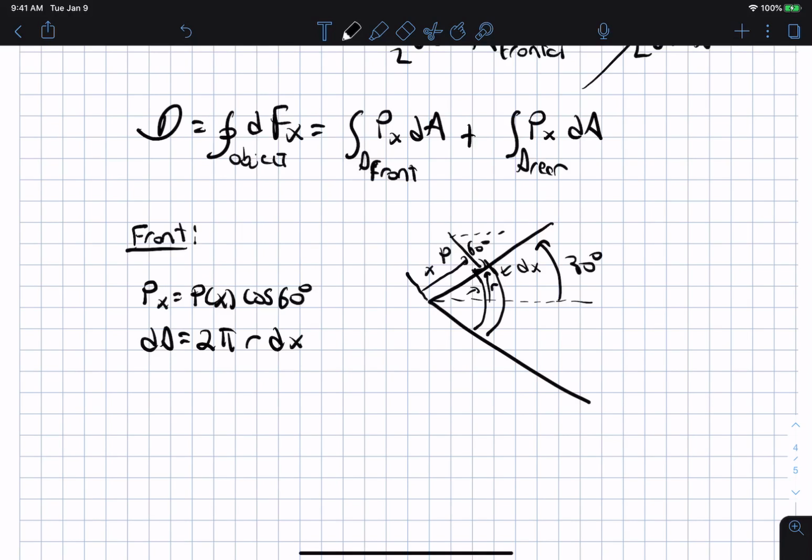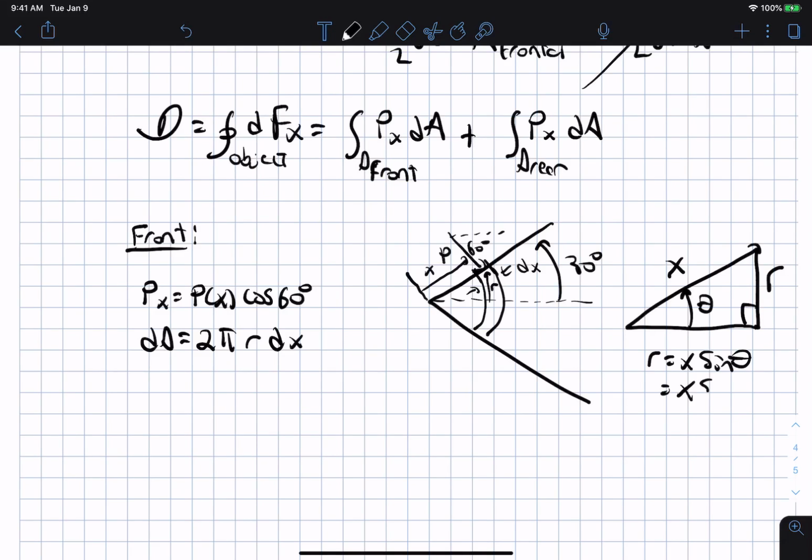Okay, so I'll draw a similar triangle over here on the right. And so we have x would be this length here. This is our angle theta, and this is our height r. Okay, and so r, just based on the triangle, equals x sine theta.